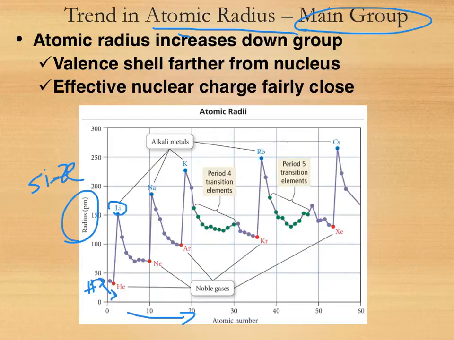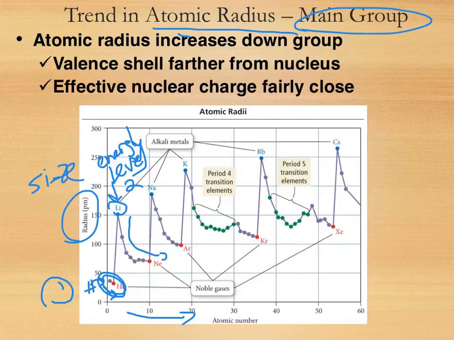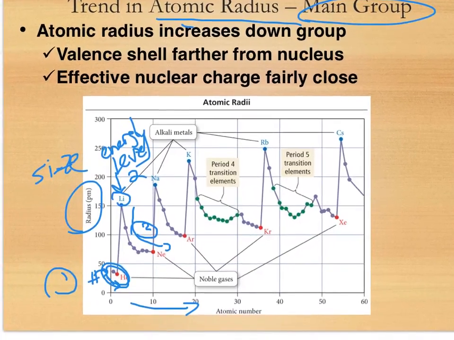But these first two are in energy level 1. What happens when we go to energy level 2, which starts with lithium? Energy level 2. So lithium through neon is energy level 2. So what's happening to the atomic radius, the atomic size, going from lithium to neon?